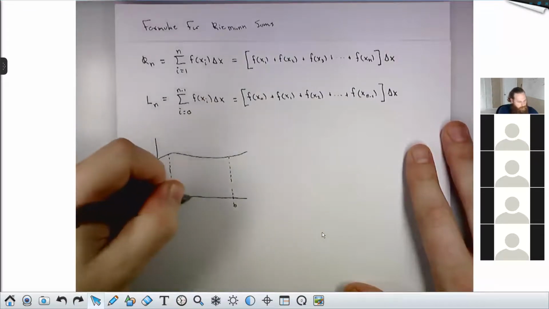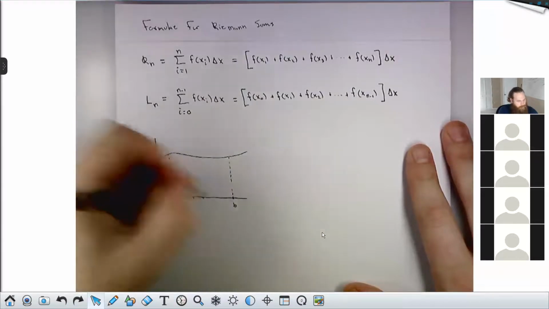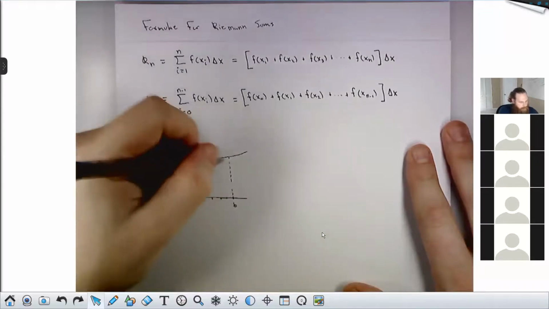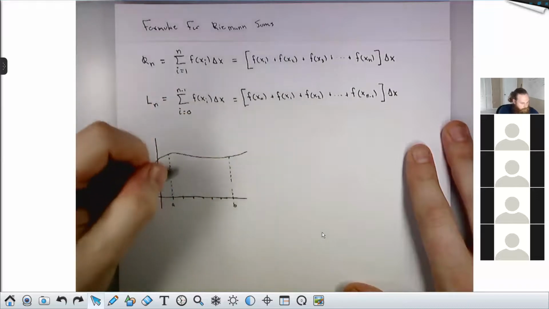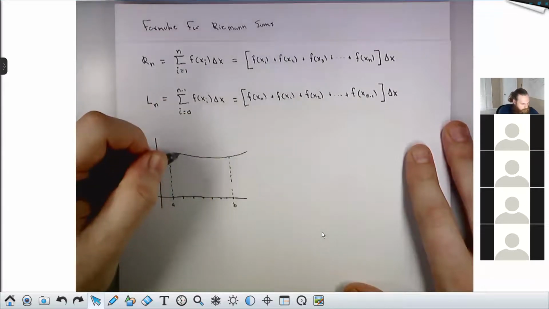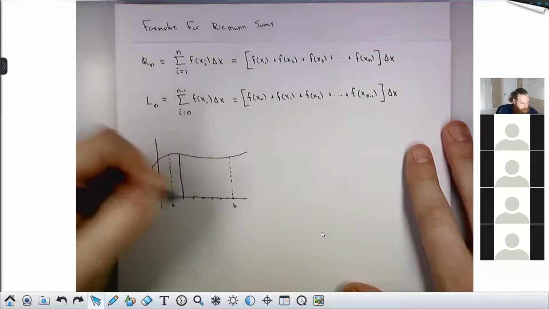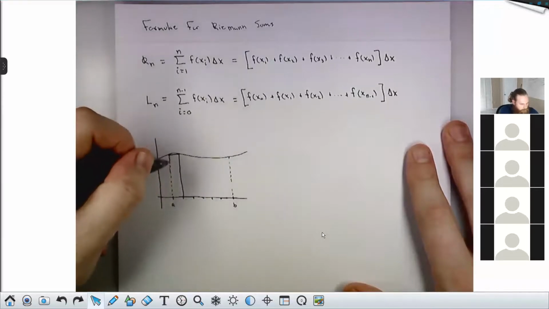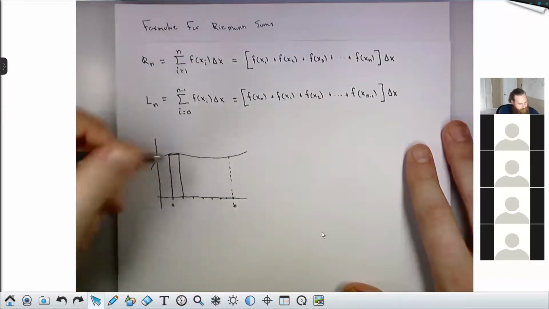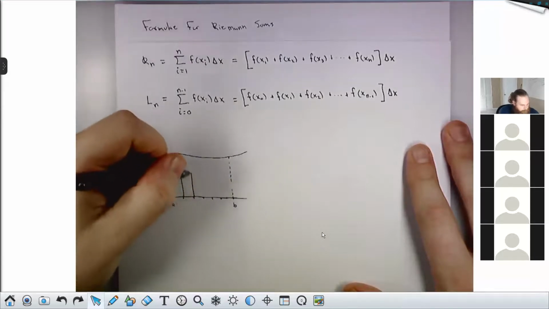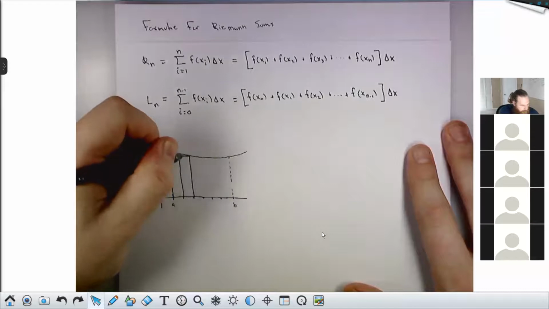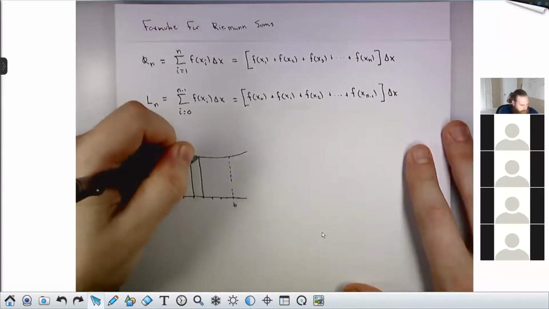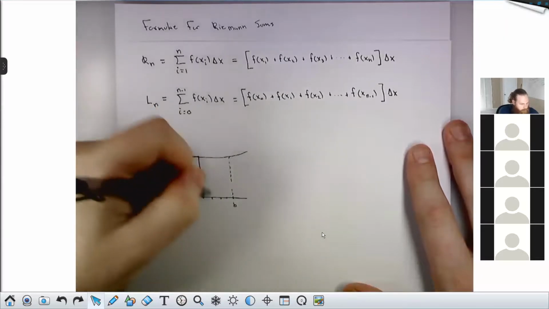So we chop this up into subintervals. And then we use the right endpoint of each subinterval to determine the height. This is for Rn.